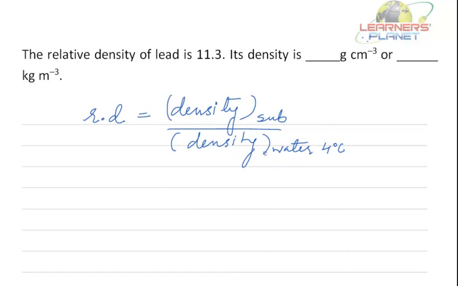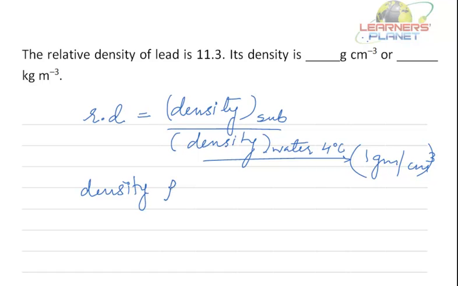Now the density of water at 4 degrees centigrade is, you must be knowing, actually 1 gram per centimeter cube. That means if you wish to find out the density of lead in gram per centimeter cube, so the density rho of lead will be given by relative density of lead into density of water.